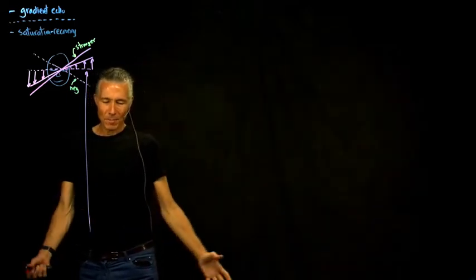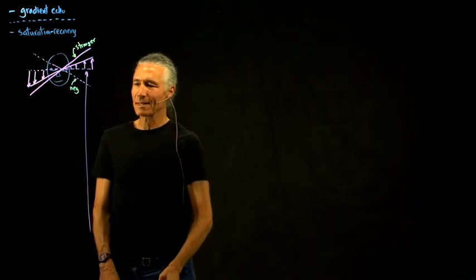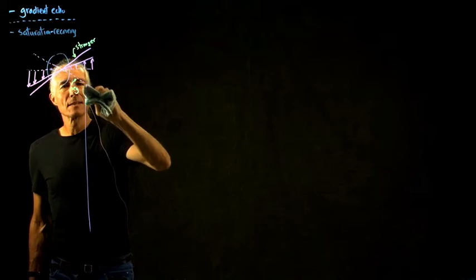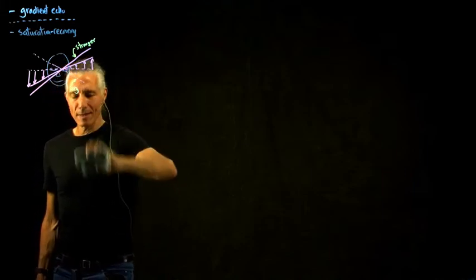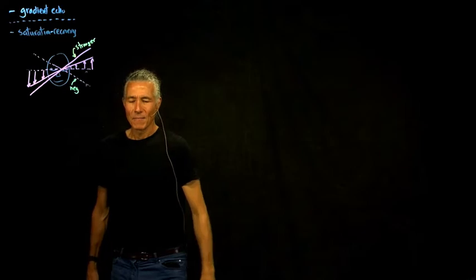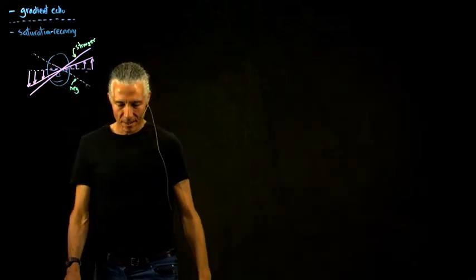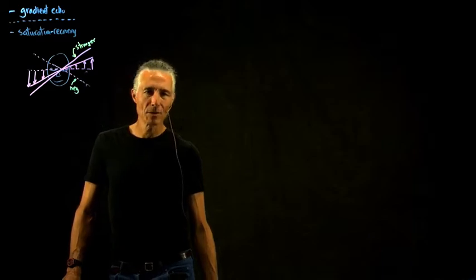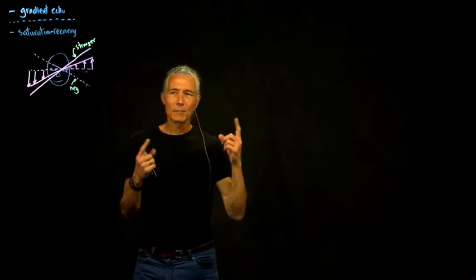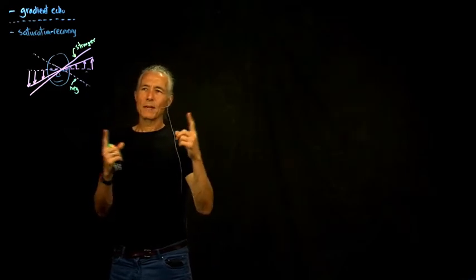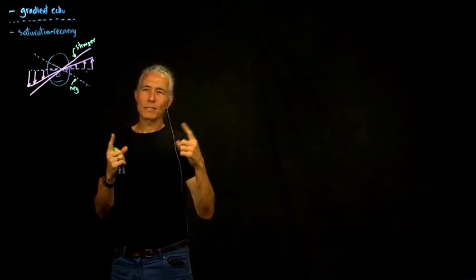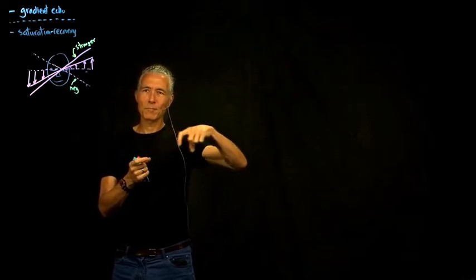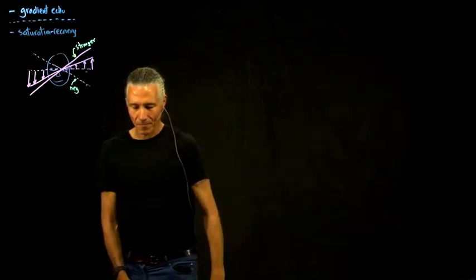But if you think about that, what does that do to the signal? Well, that's not good for the signal, because the whole idea is, if we want to get a big signal, we want everybody resonating at the same frequency. If you turn on a gradient, it's actually going to damage your signal. It's going to reduce your signal, because it's going to cause spins at different parts of the sample to resonate at different frequencies, and then they'll get out of phase with each other, which means that when you add up all the vector sums of all of them, they'll cancel each other out.